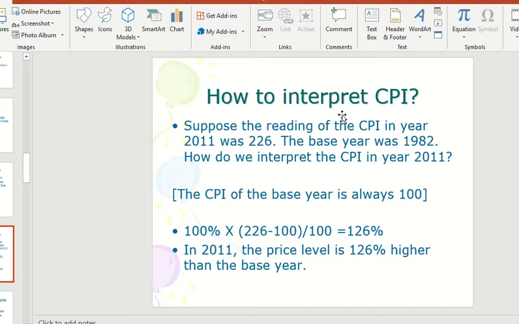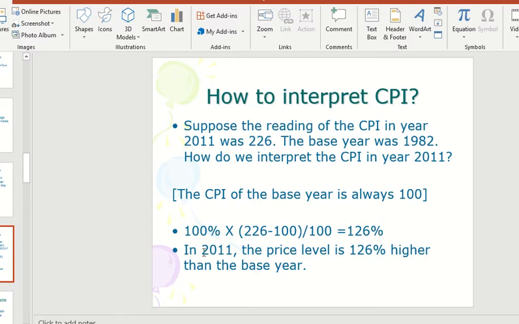We are given that the CPI of the year 2011 was 226, so 226 minus the CPI of the base year, which is always 100, divided by the starting or reference point, which is the price level of the base year. If you want it in percentage, multiply the whole thing by 100%, and you get 126%.